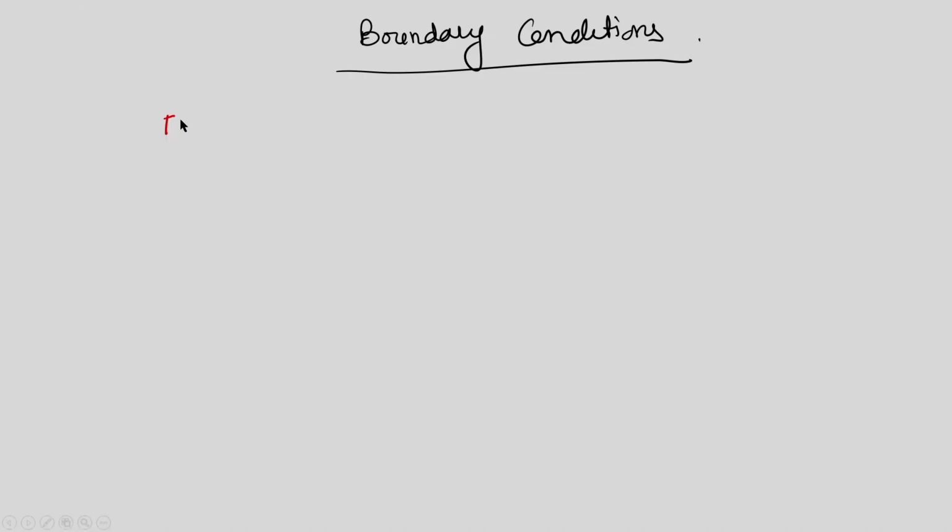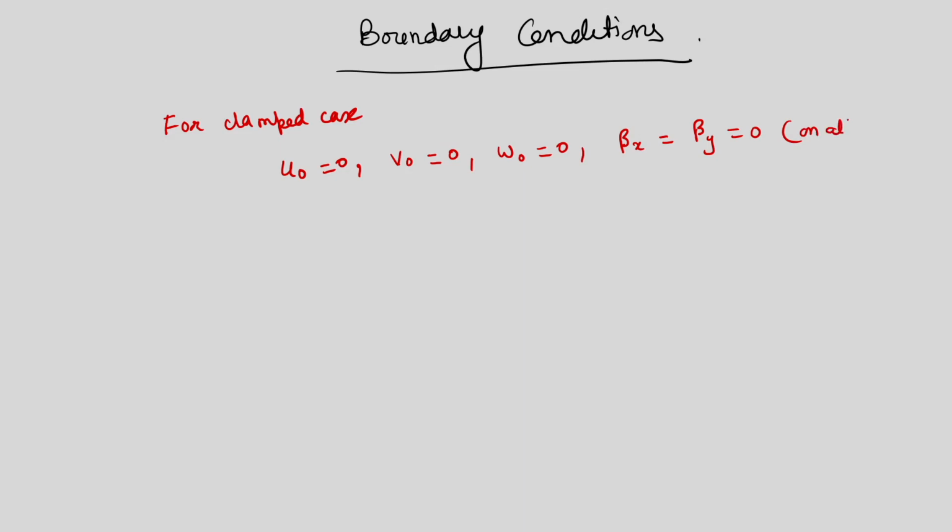For the clamped case, u0 needs to be 0, whichever edge it is, all edges, all displacements and all rotations, beta x and beta y, on all edges. All edges means x is equal to 0 and a, and theta is equal to 0 and here they have taken alpha.